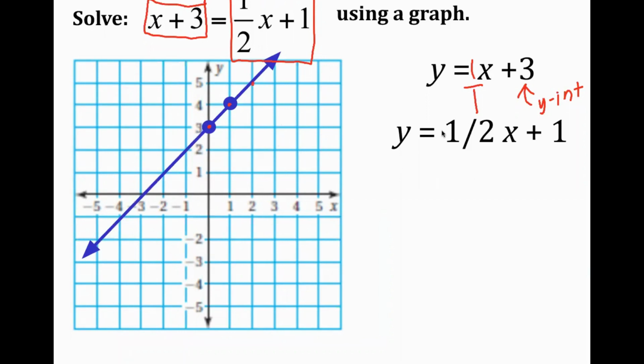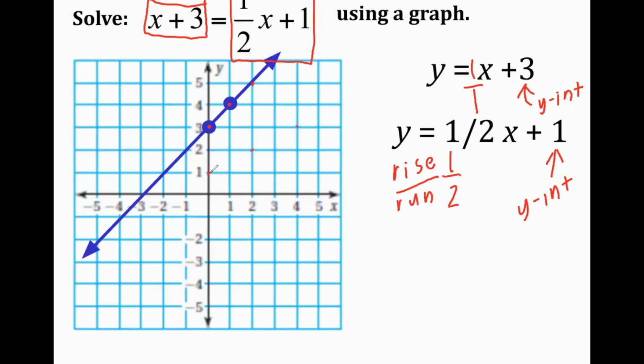Now that we've plotted our first line, we can move on to y equals 1/2x plus 1. +1 is our y-intercept, so I'm going to plot that on our plane. And as far as slope, we have 1 over 2. It is positive, so we're going to rise 1 unit and run 2 units to the right. Rise 1 unit and run 2 units to the right.